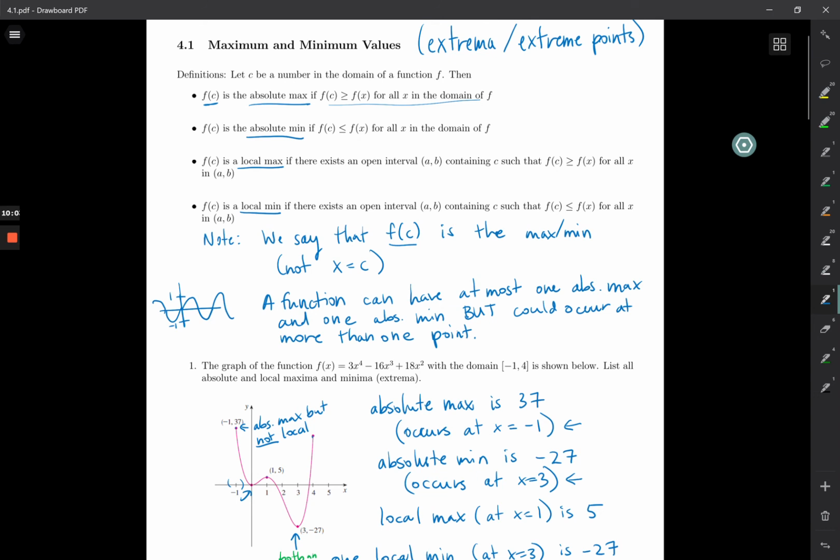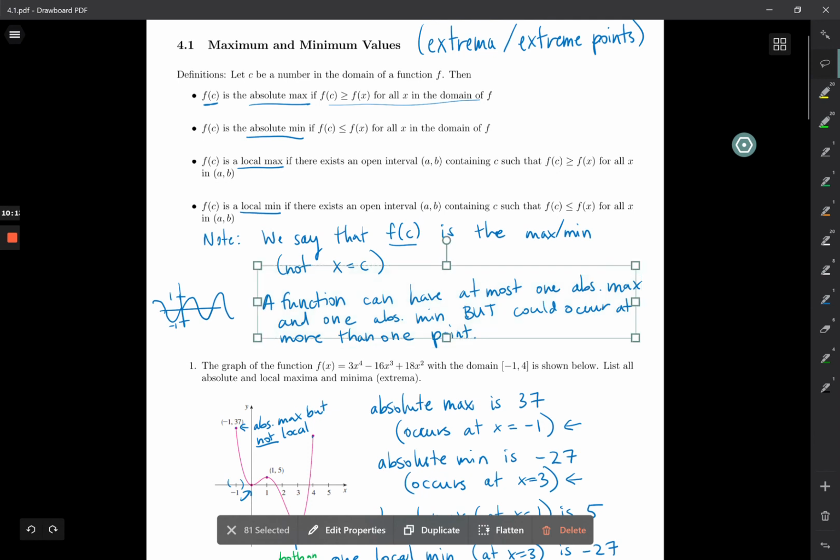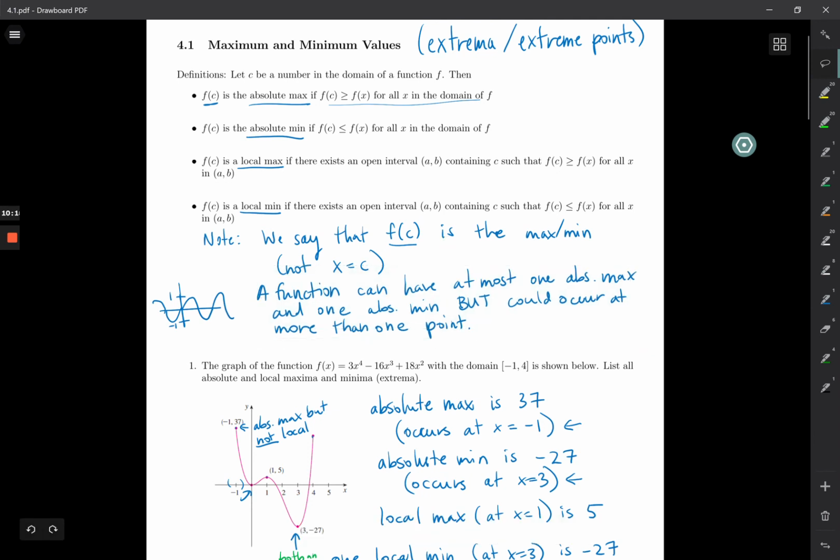Okay, and I didn't quite leave myself enough room, so I'm gonna cheat and move this up. Okay, now I'm gonna squeeze this in here. It's possible that a function might not have an absolute max or min.